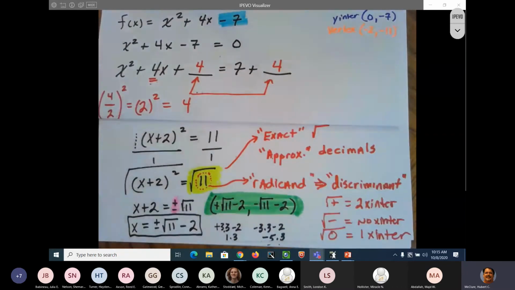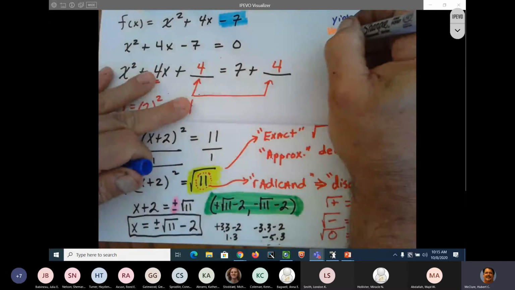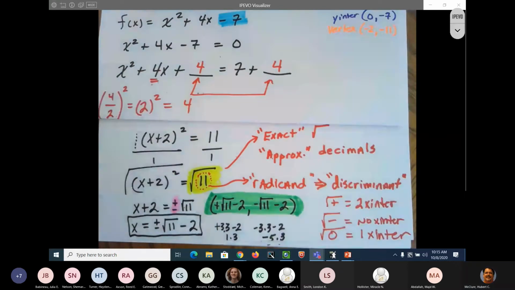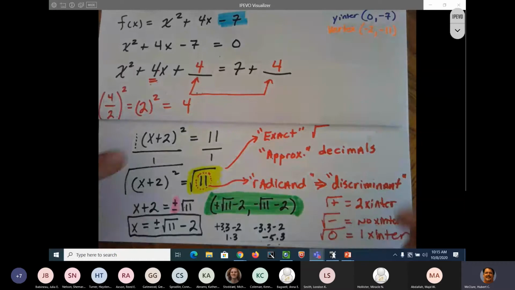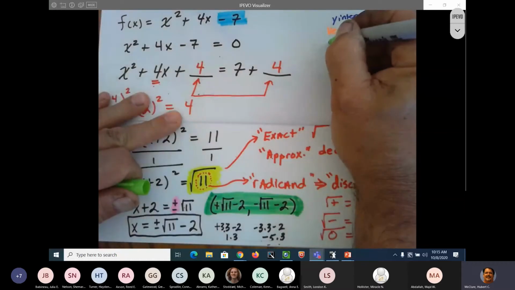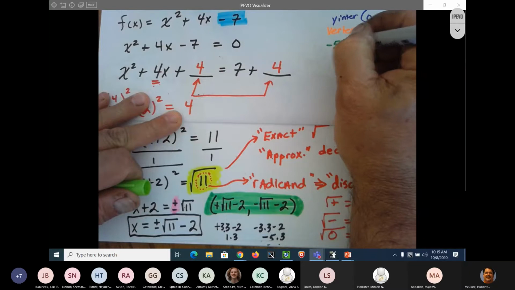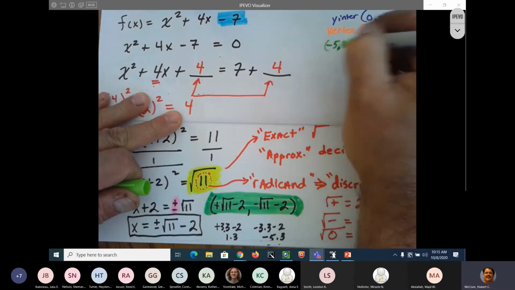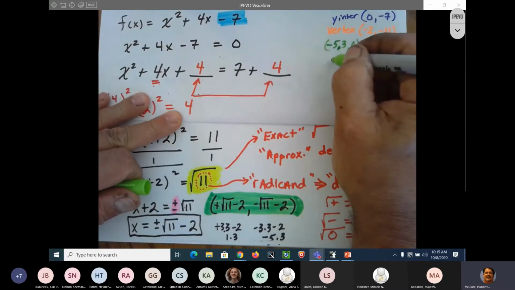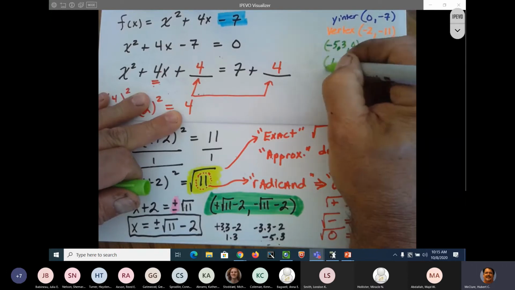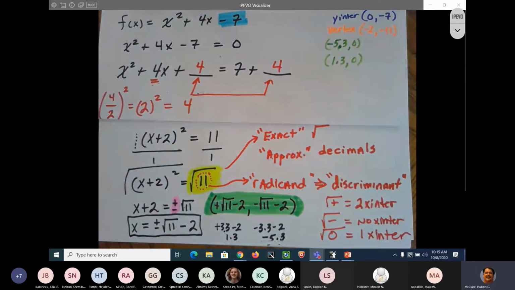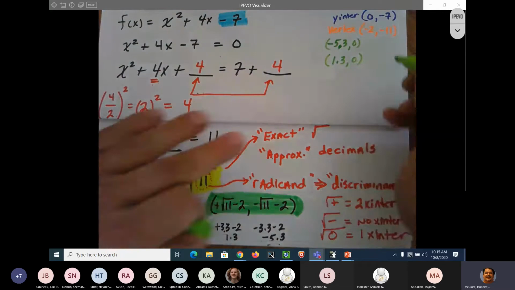My x-intercepts, I'm going to do them in green. I got one x-intercept of negative 5.3, and the other intercept is 1.3. That's my x-intercepts.